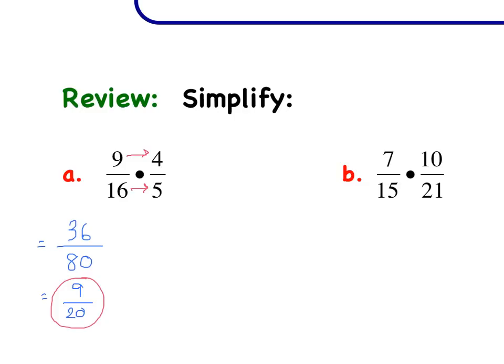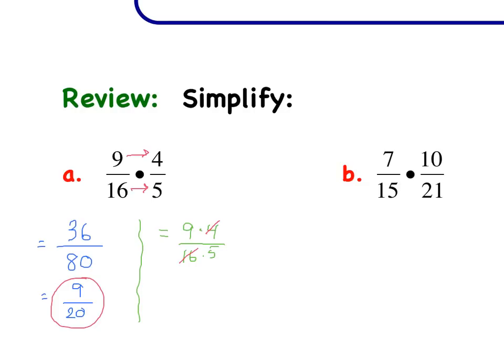Another route that we can take, and this is the way I'm going to be simplifying the rest from here on out, is I simply rewrite this as 9 times 4 over 16 times 5. And instead of actually multiplying these numbers out, I just see what can cancel right away. So I notice that a 4 and 16, those can simplify.